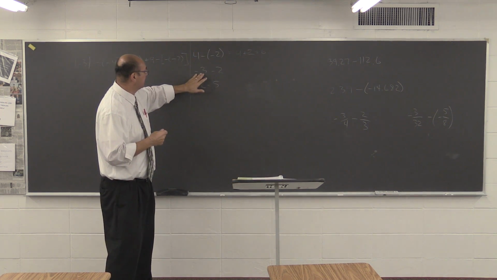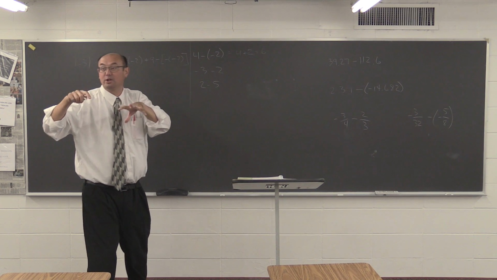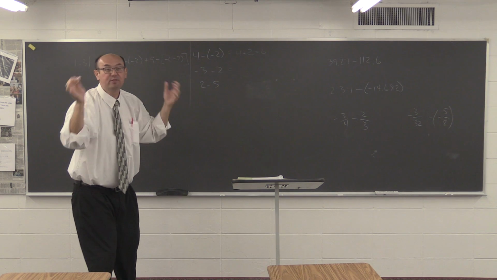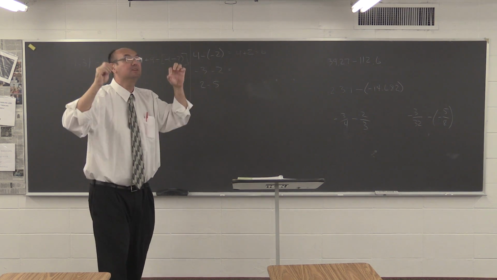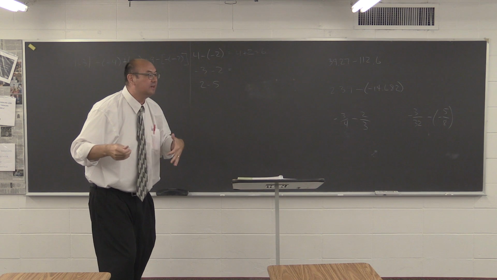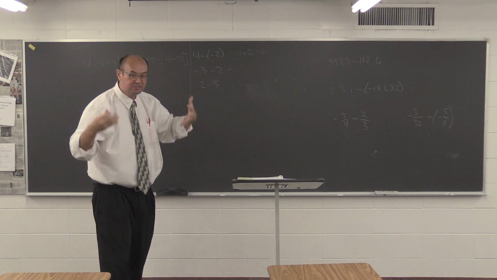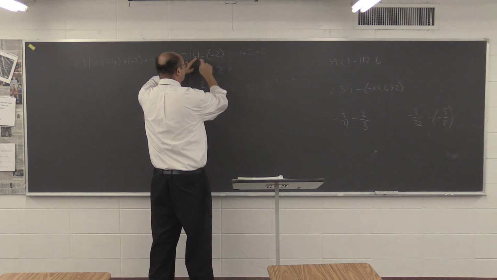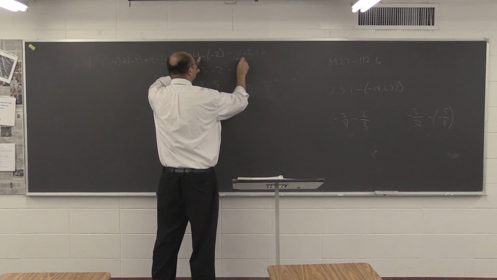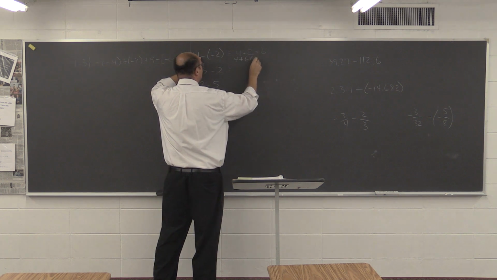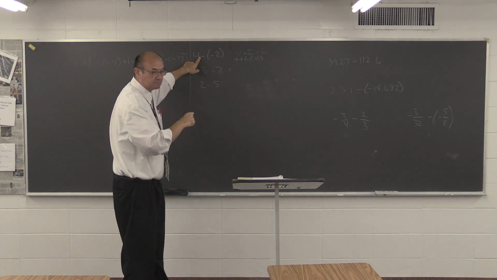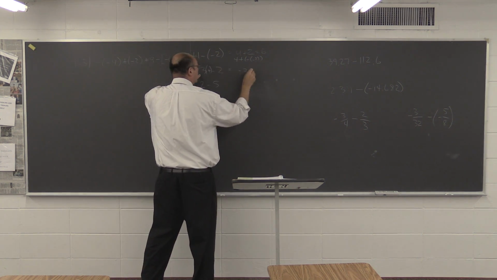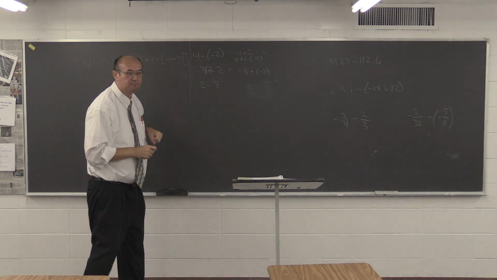Now, this here, negative 3 minus 2. Here's how I want you to think, okay? I need you to think in such a way where everything in the world is positive and every subtraction problem is really an addition problem, okay? In this particular case, this problem is written as a negative 3 plus a negative 2.